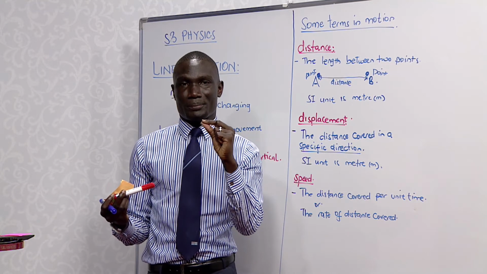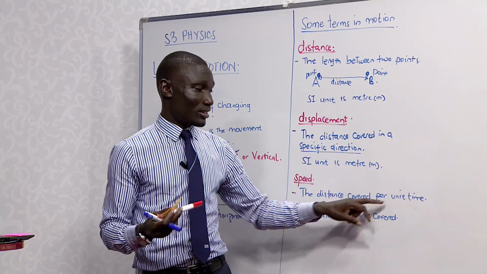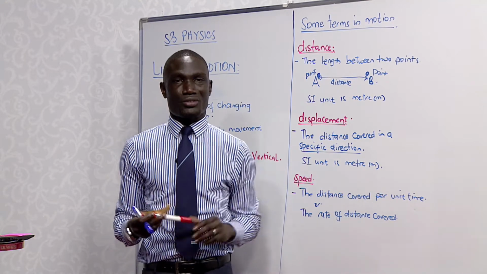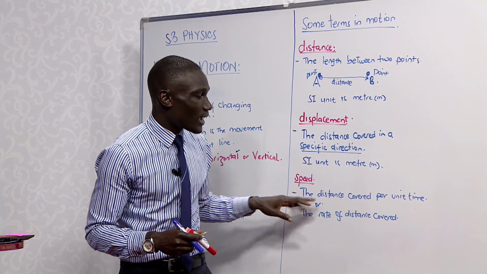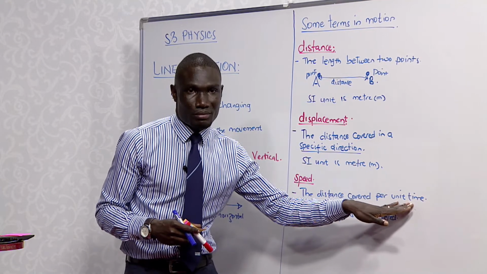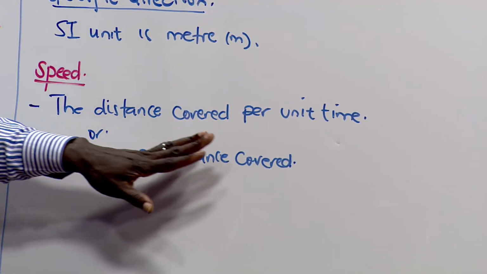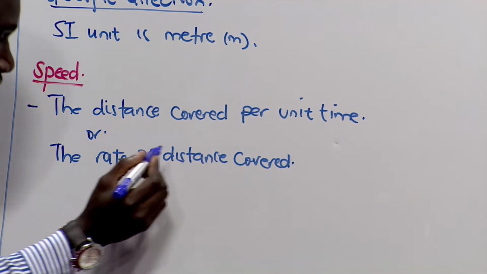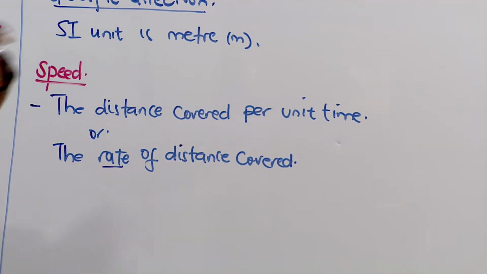That gives us speed. But the point I wanted to highlight here, very important, is in these two definitions. When we define speed as the distance covered per unit time, we can also define it as the rate of distance covered. Now, the moment you mention this rate of distance covered, don't talk about time.